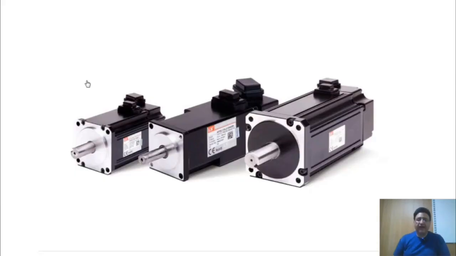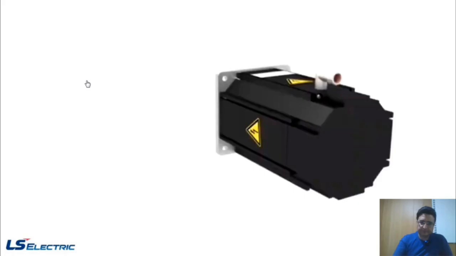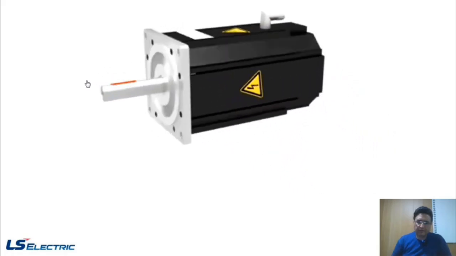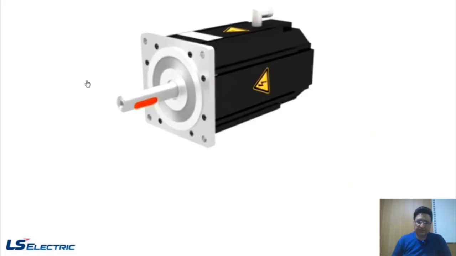In this image, you can see different types of servo motors, and later on, we'll get more familiar with the internal structure of these motors. This is showing us a servo motor.